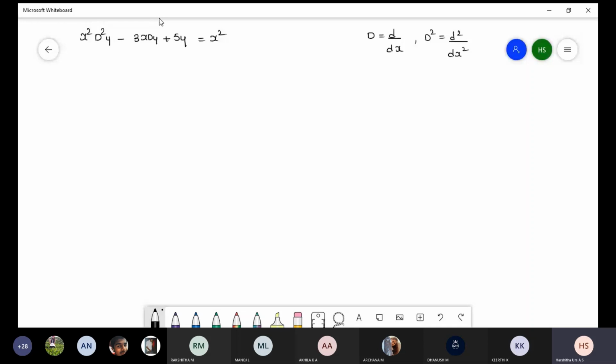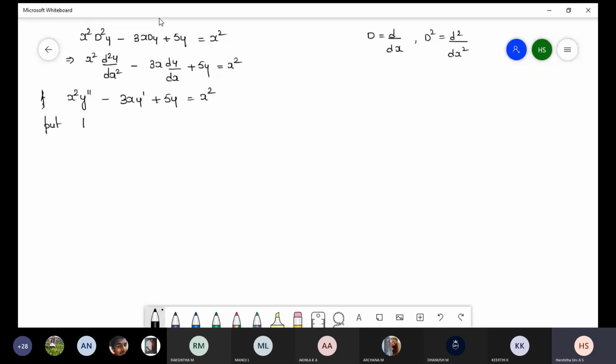So first we have to write x square d square y by dx square minus 3x dy by dx plus 5y is equal to x square. Next, x square y double dash minus 3x y dash plus 5y is equal to x square.